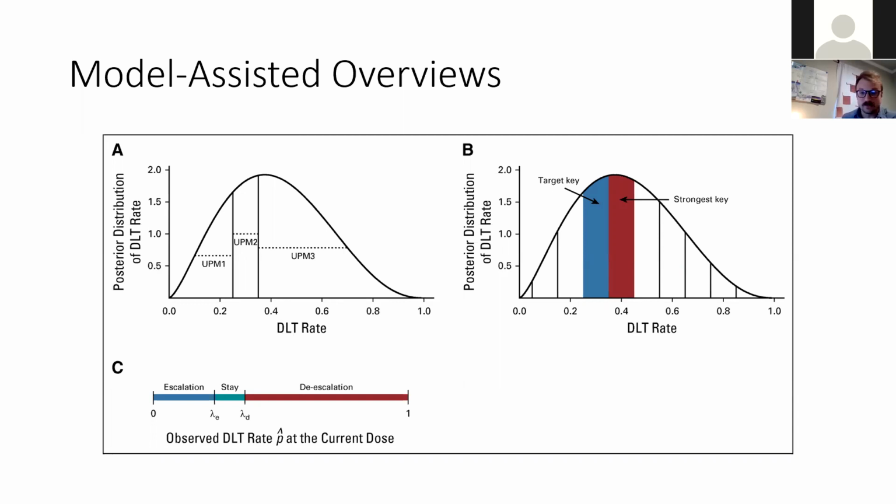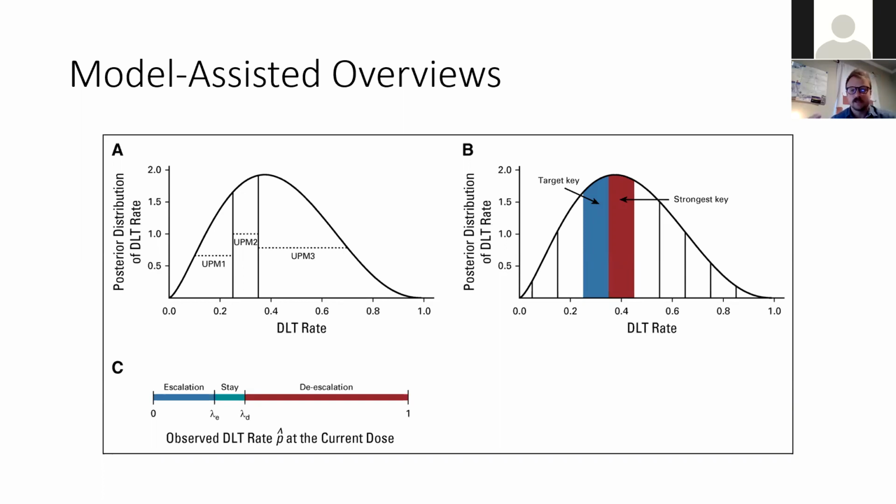Starting with the mTPI design, we're going to define 3 toxicity probability intervals: an underdosing interval, a proper dosing interval, and an overdosing interval. For example, in this figure, our underdosing interval is going to range from 0 to approximately 0.25. Our proper dosing interval is 0.25 to 0.33, whereas overdosing is 0.33 to 1, respectively.